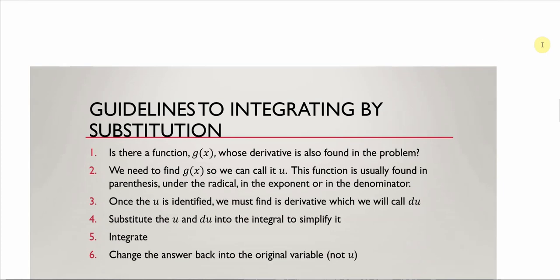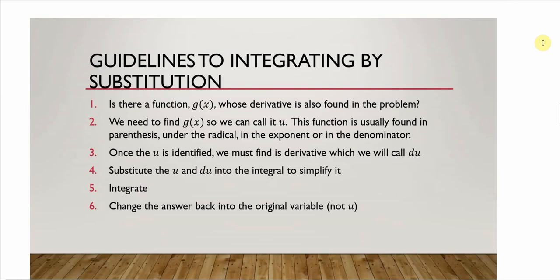Okay, so what are the guidelines? Let's go ahead and look at the strategy for trying to integrate by substitution. What you have to do is look at an integral and find, is there a g of x inside that problem? And the g of x can usually be whatever is in parentheses, but then the du might also be in parentheses.